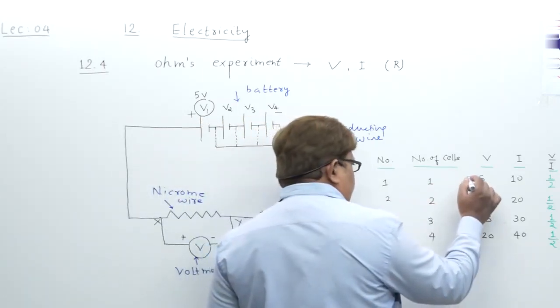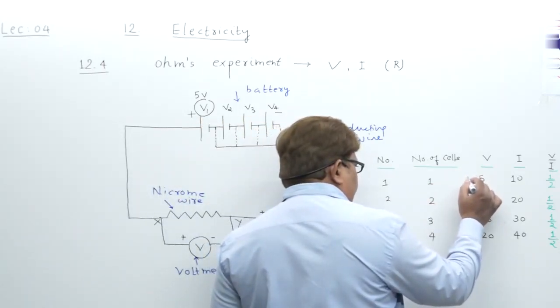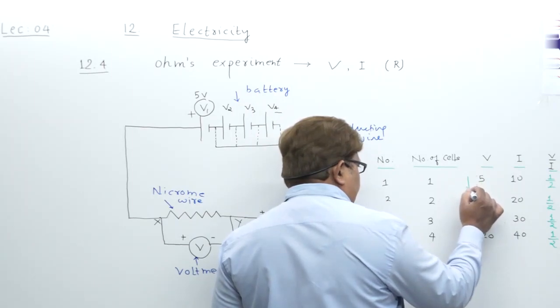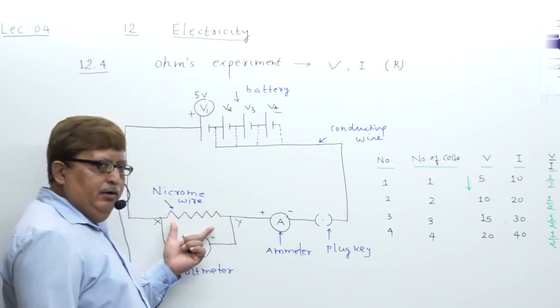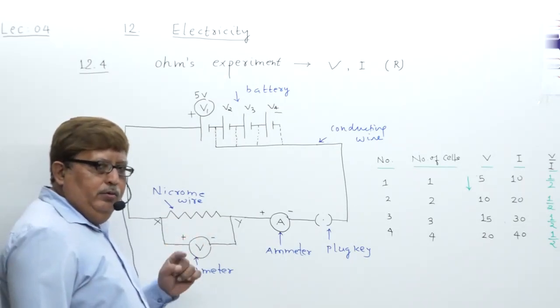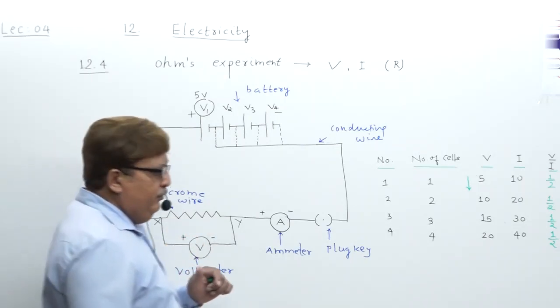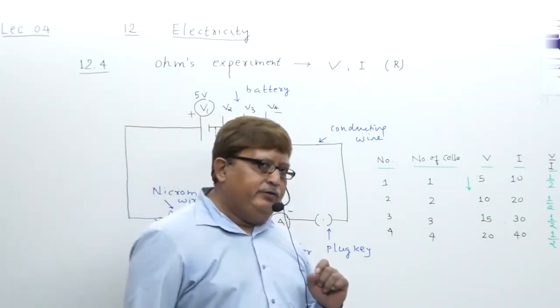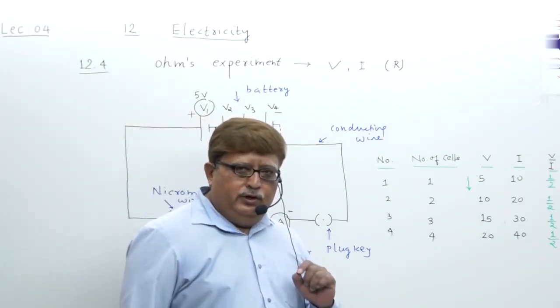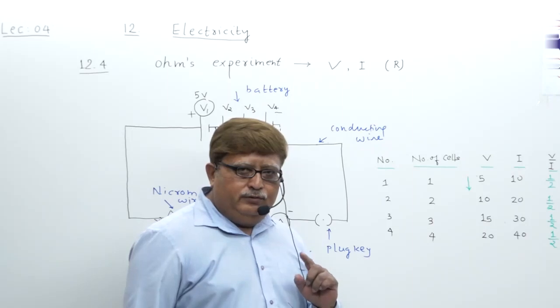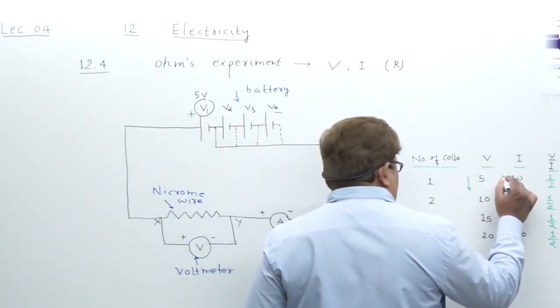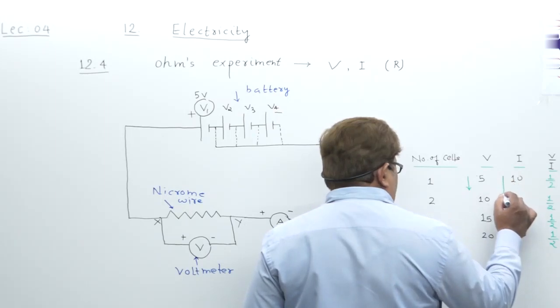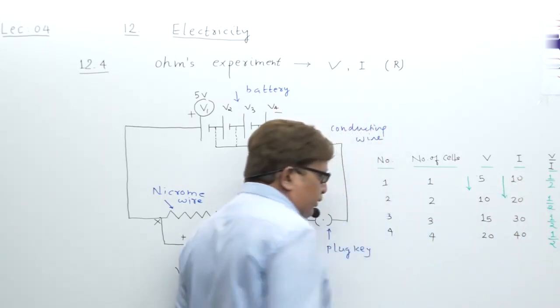Here, as the value of V, that is the potential difference across two ends of the resistor, increases, I also increases.